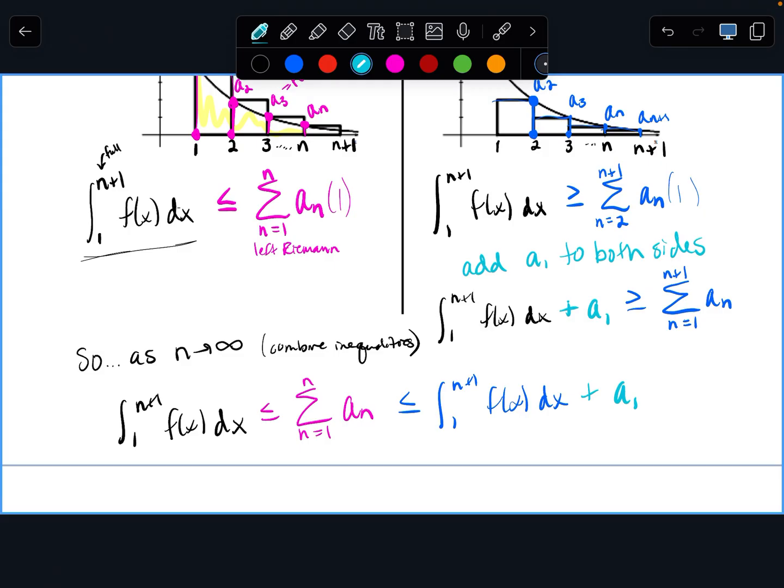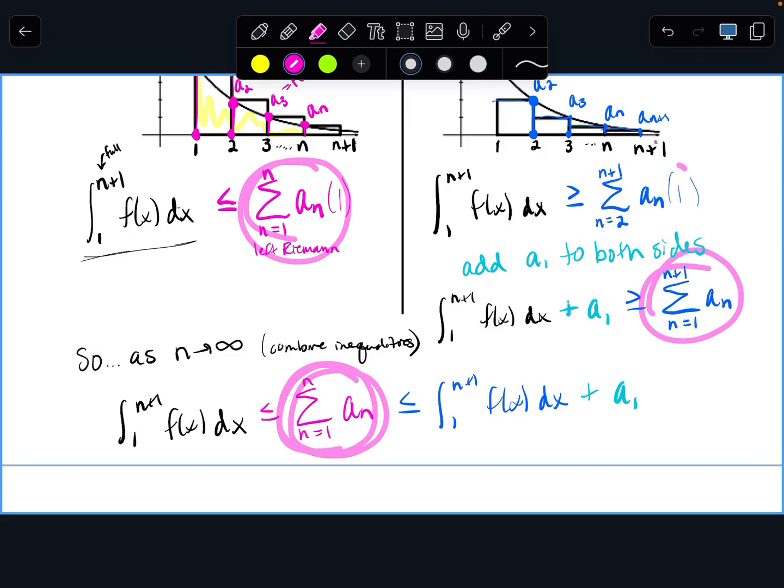So here's the thing here. We've got both of our series. Actually maybe I should put these in the same color, sorry. Here's my series in the middle. Okay, I made them the same, so actually I could make that blue too.